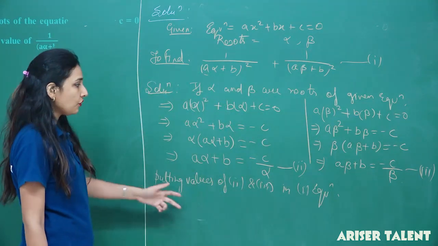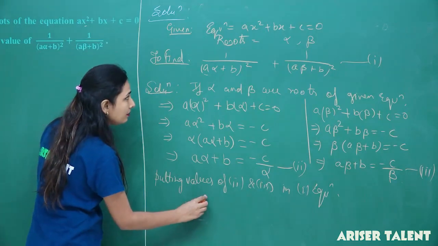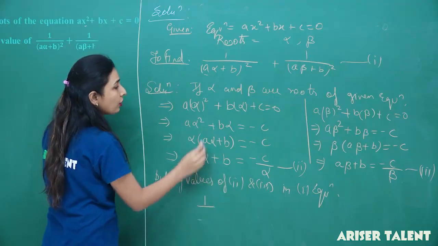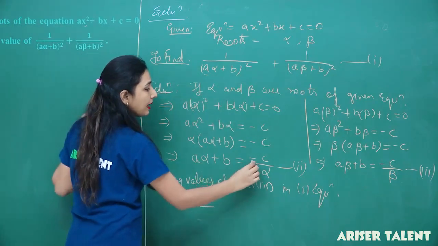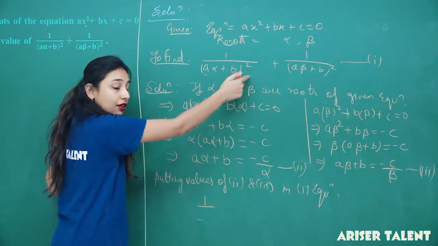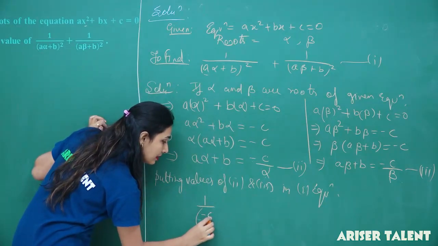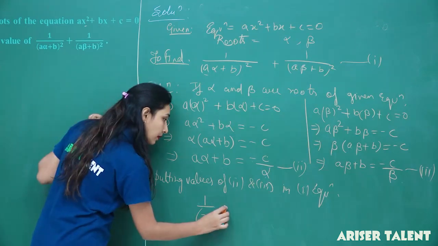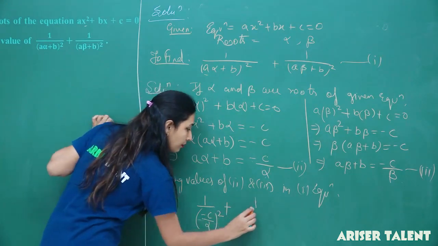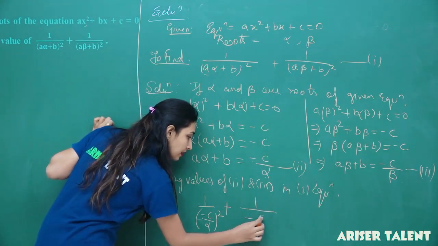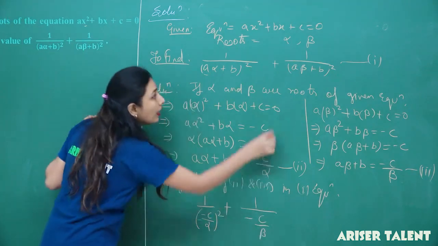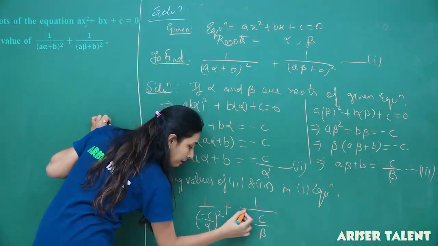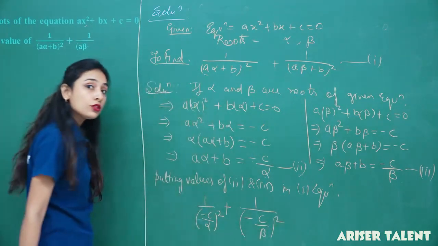So when you put this, that will become 1 upon (a alpha plus b) minus c by alpha whole square, then plus 1 upon (a beta plus b), which is equal to minus c by beta whole square.